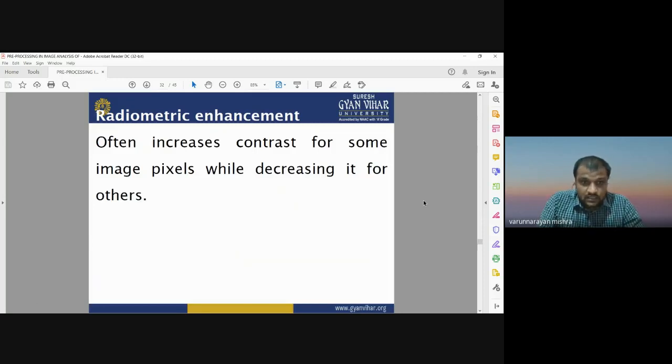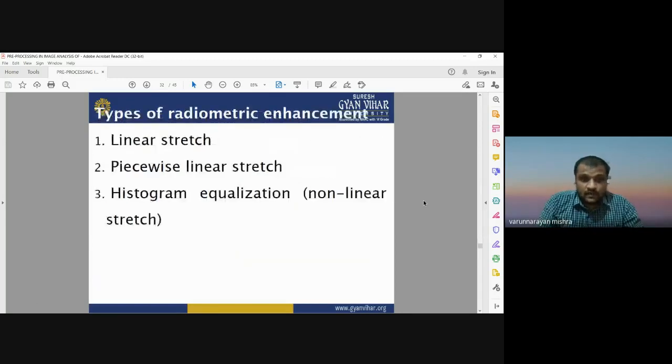There are different kinds of radiometric enhancement: linear stretching, piecewise linear stretching, histogram equalization, or non-linear stretching. Depending on our requirement, we can use any of these radiometric enhancement techniques.